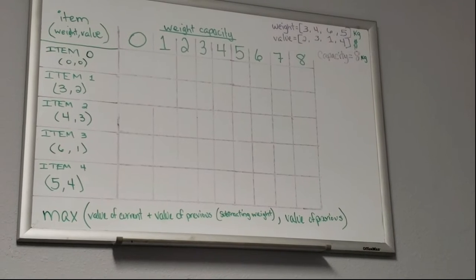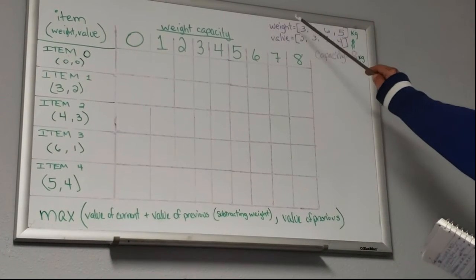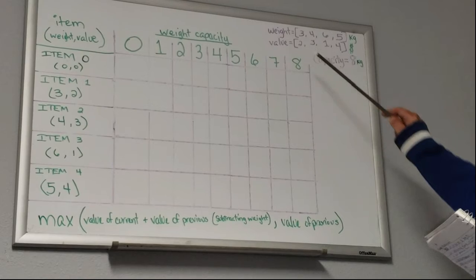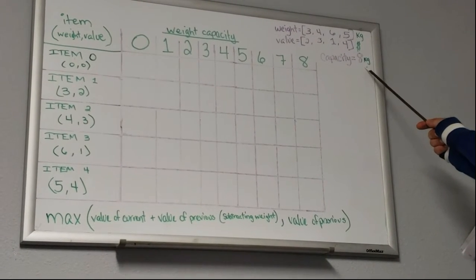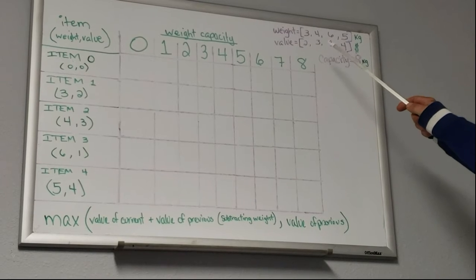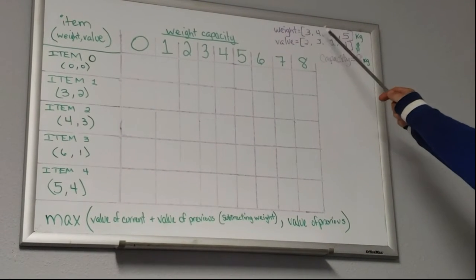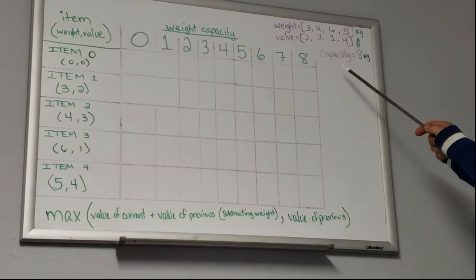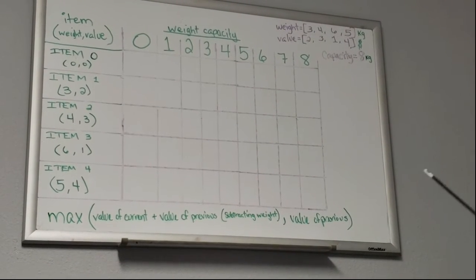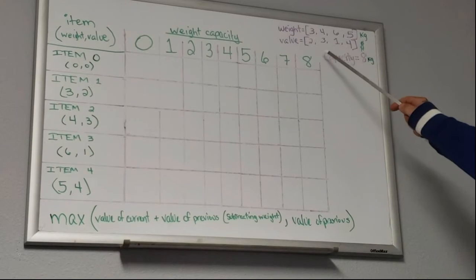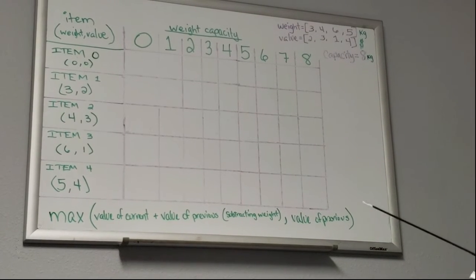Okay, our info comes in two arrays. We have weight in kilograms, and then we have value in dollars. The capacity of our knapsack is going to be 8 kilograms. So essentially we have 4 different items, and a capacity of 8 kilograms in our backpack. We want to fill our backpack to get the most value from it.